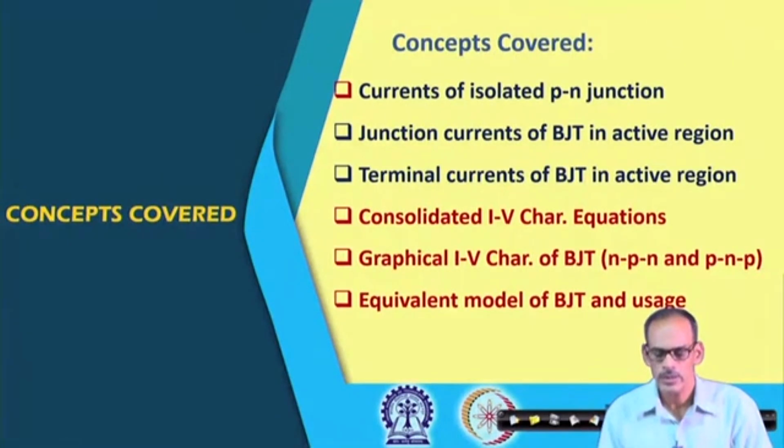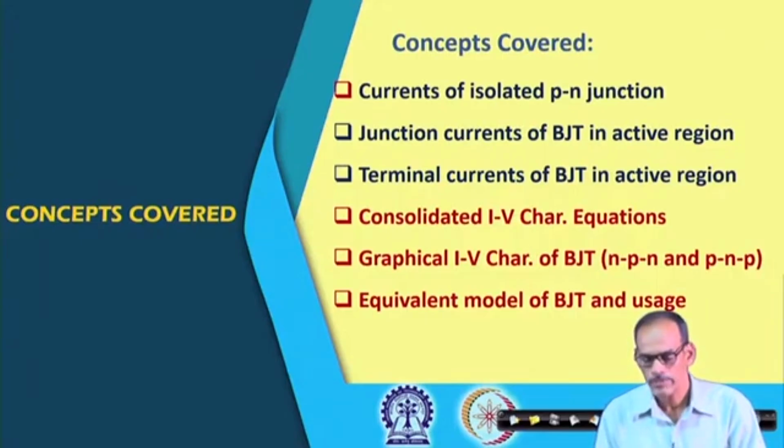We are primarily focusing on the basic difference between the two device characteristics, and then we are going for the equivalent model of the BJT, particularly what equivalent circuit we will be using instead of the equation. Normally we prefer to deal with the equivalent circuit.